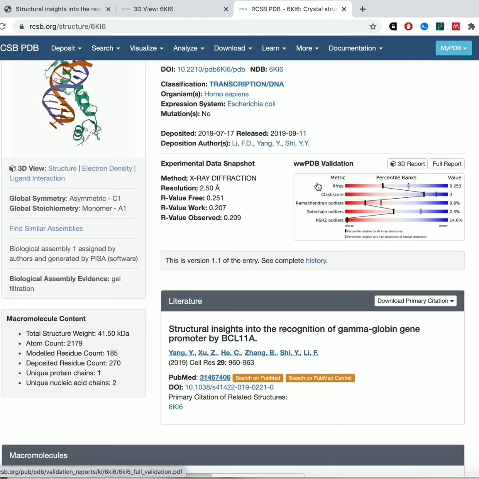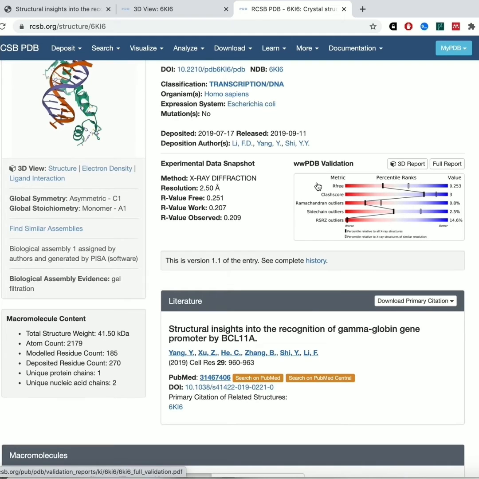Then we have outliers. The clash score is just based on where the atoms that you put in there are and how close they are to one another. But the outliers are based on what is known about what positions the atoms like to take.